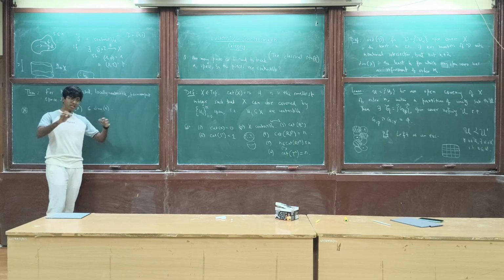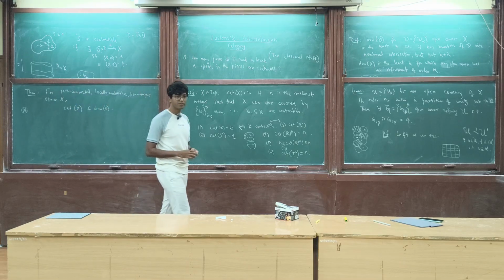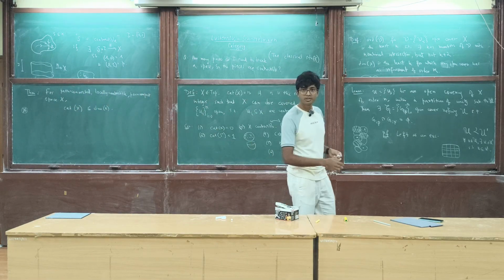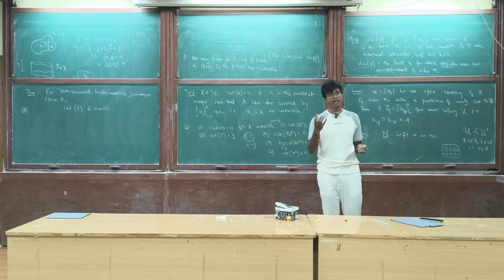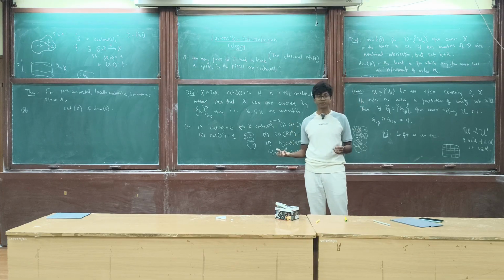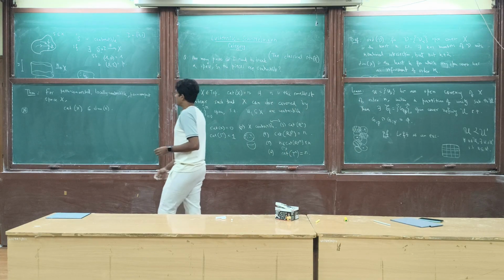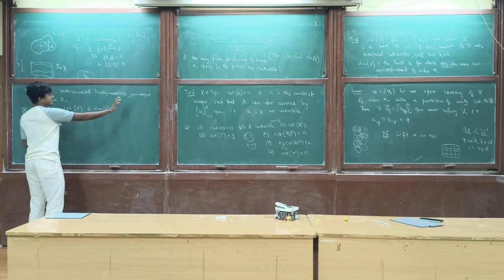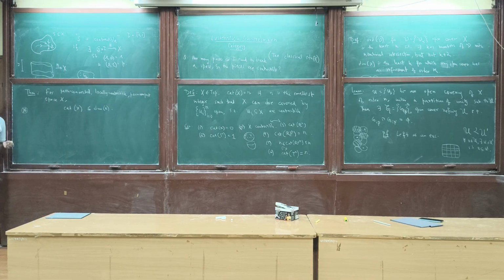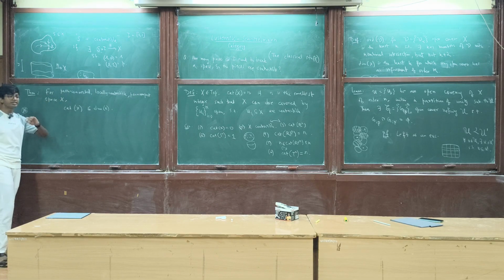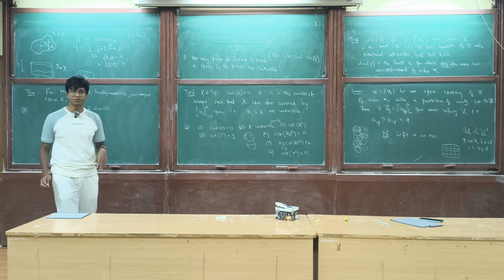So any point will be contained in at most finitely many elements of the cover. Don't think about these adjectives too much, because most of the nice spaces we study in day-to-day life have this. I could have stated this for manifolds itself and everything would have been nice.